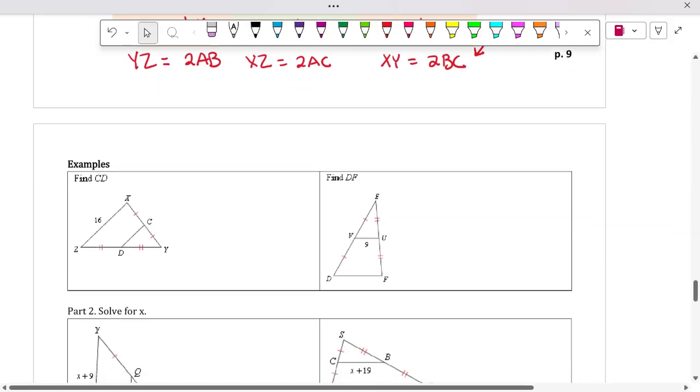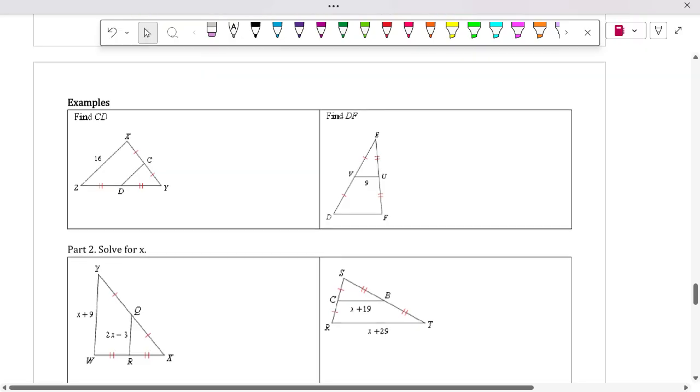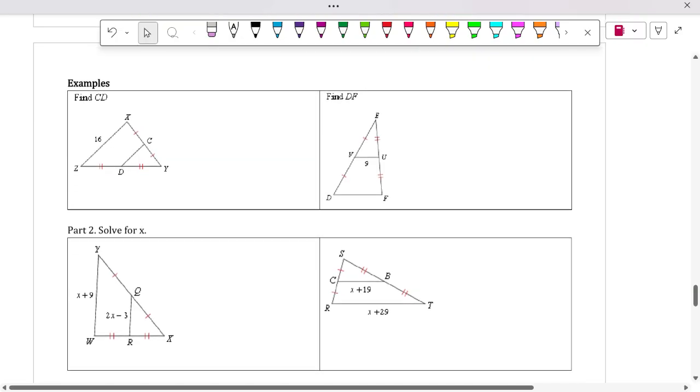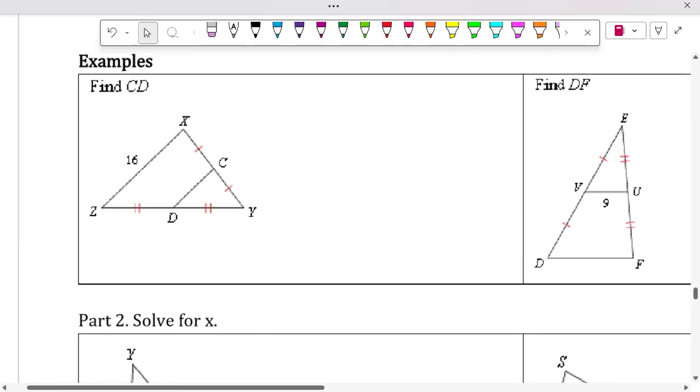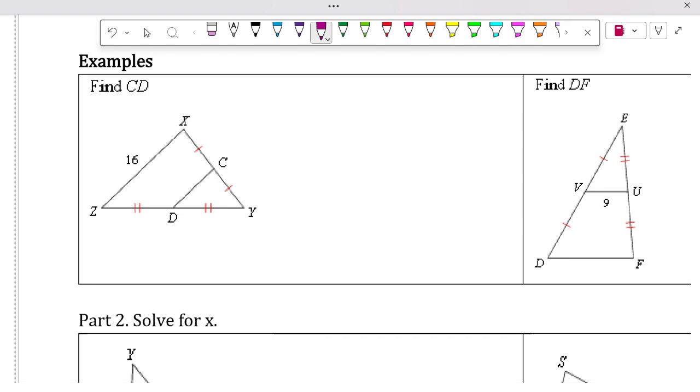All right. So, real quickly, look at this example. They want us to find CD. So this side right here. Automatically, we can find it. What is CD? It's 8.